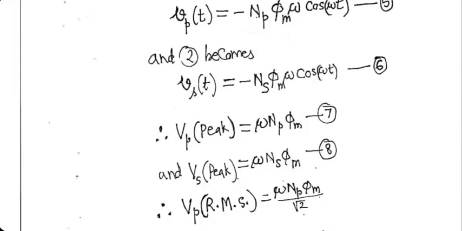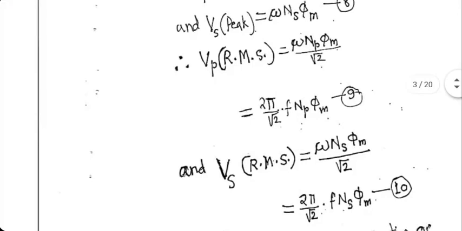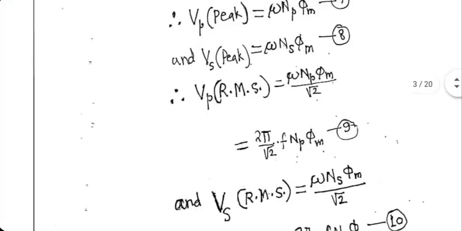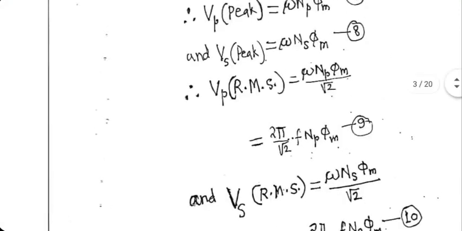So Vp RMS will be omega Np phi m divided by square root of 2. And Vs RMS will be omega Ns phi m divided by square root of 2. Omega is 2 pi f. So if we put that, we get 2 pi divided by square root of 2 f Np phi m. And a similar equation in the secondary also. The only difference is that in the secondary we are using Ns, and in the primary we are using Np.